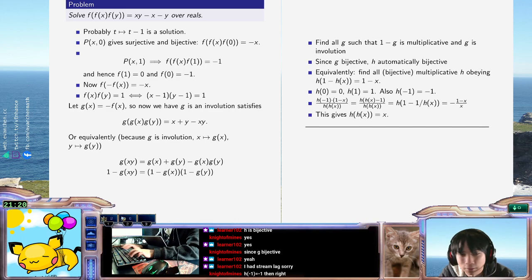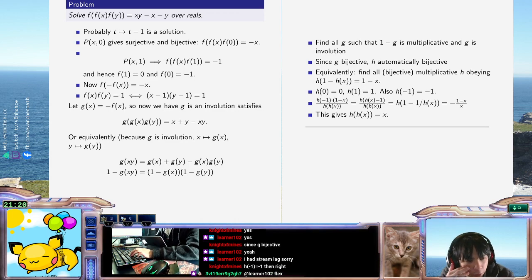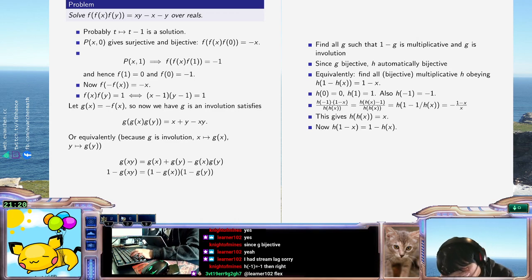Okay, great. So we're in business now because now I can substitute. And now h of 1 minus x equals 1 minus h of x. So h commutes with this 1 minus thing.